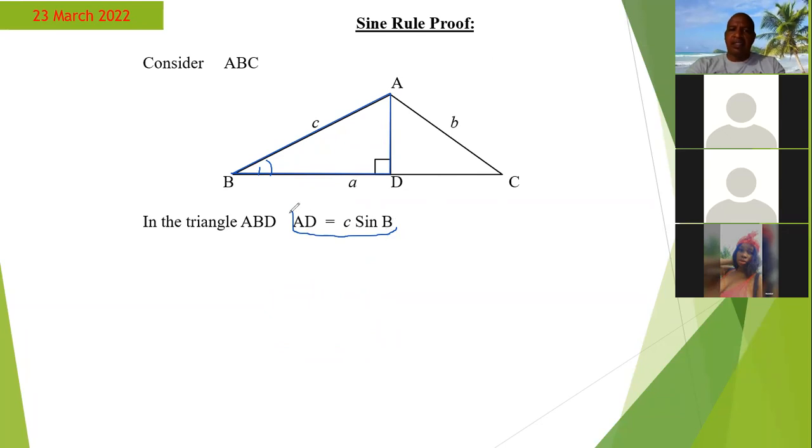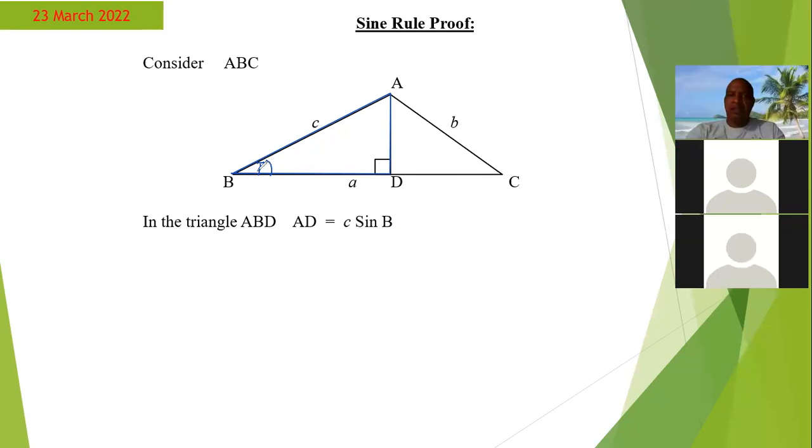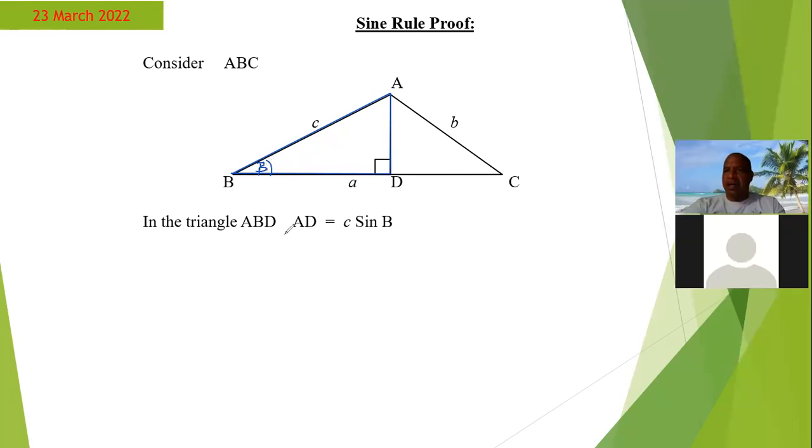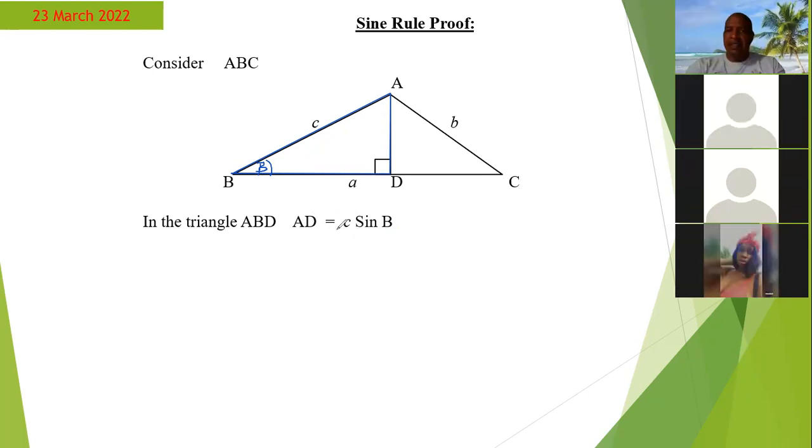Everybody see how we get this? AD equal to C sine B. Is that clear to everyone? Raise your hand for me, please, if you are clear on that. All right, Miss Waysome sees it. Miss Green sees it. Anybody else see how we get AD to be equal to C sine B?